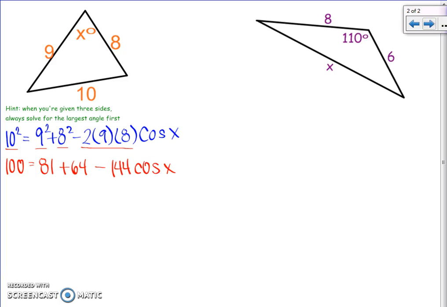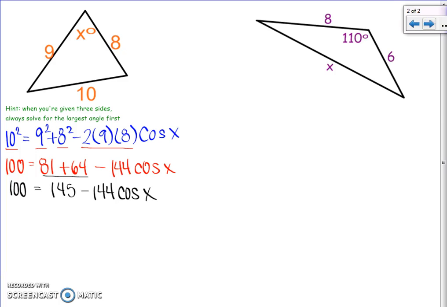All right. So now I'm just going to put these two together right here. So we've got 100 equals 145 minus 144 cosine x.